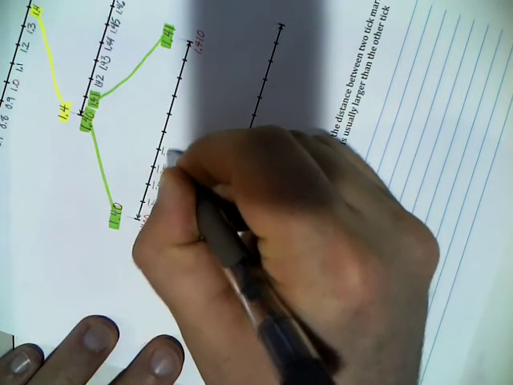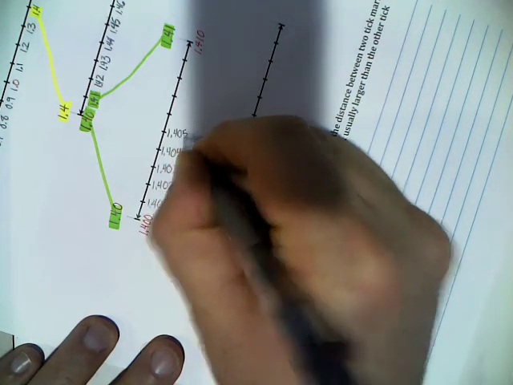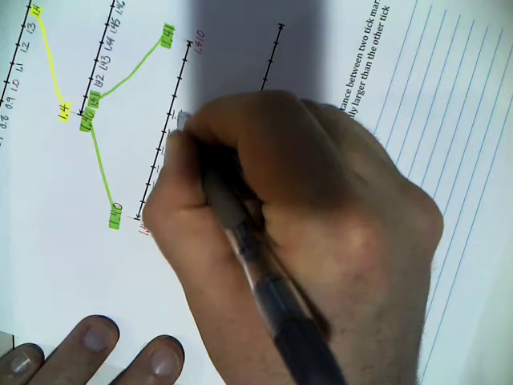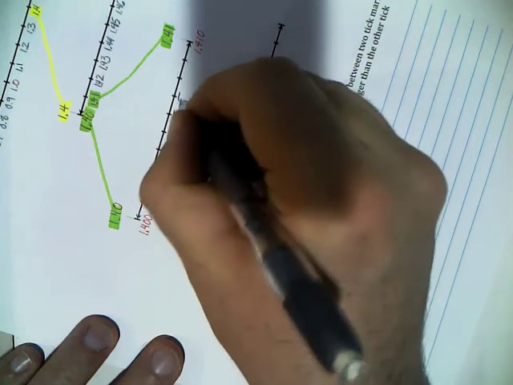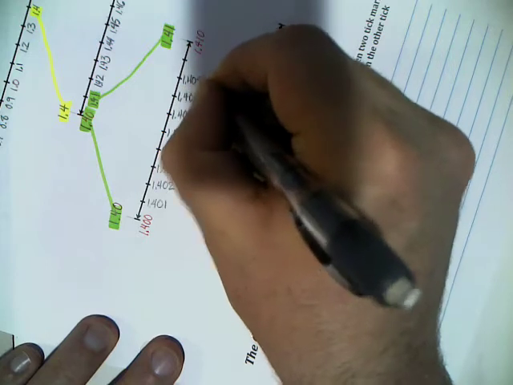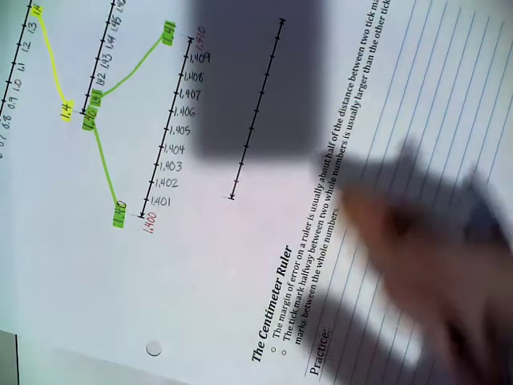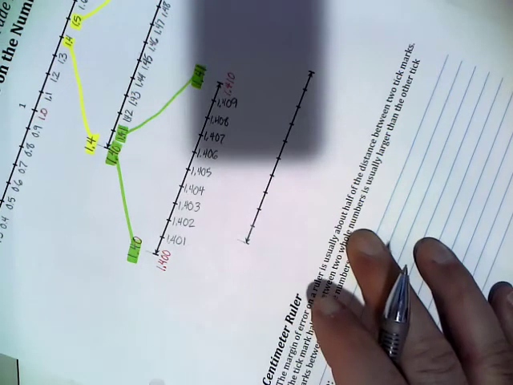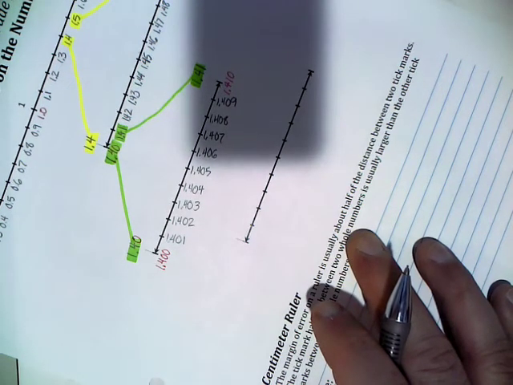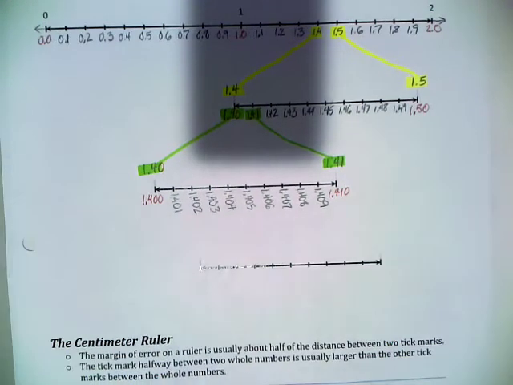So next will be 1.404, 1.405, 1.406, 1.407, 1.408, 1.409, and so next should come 1.410, although we don't say 10, 1.410, and there it is.